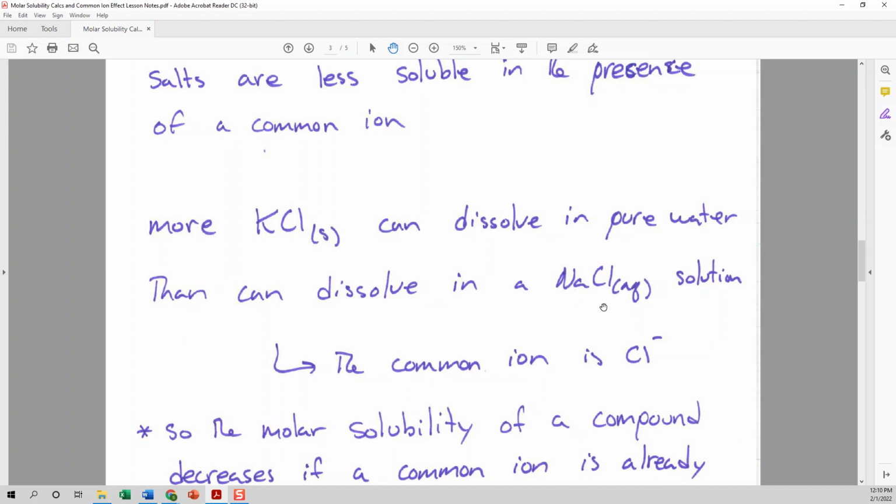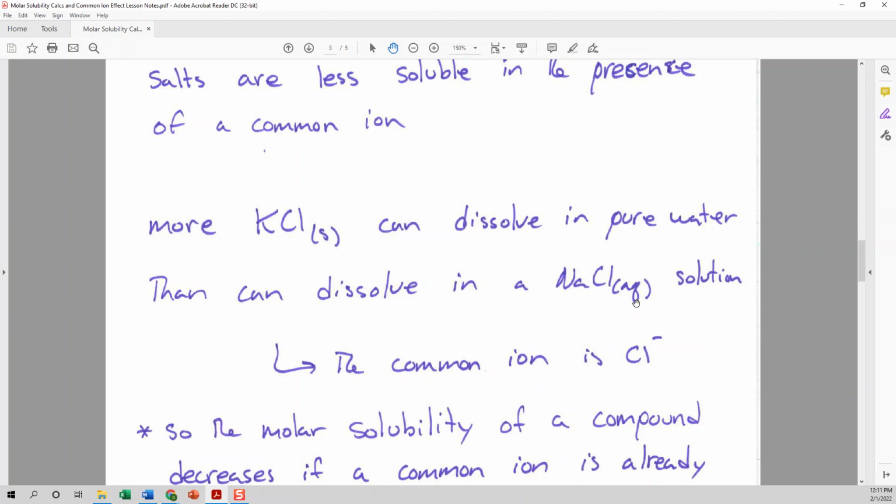So if I already have a solution of sodium chloride and I try to add potassium chloride to it, I'm not going to be able to dissolve as much as I can in just pure water, because you already have chloride. So less of this has to dissolve to reach saturation, the equilibrium position, which is the KSP of the salt, when you already have chloride dissolved.